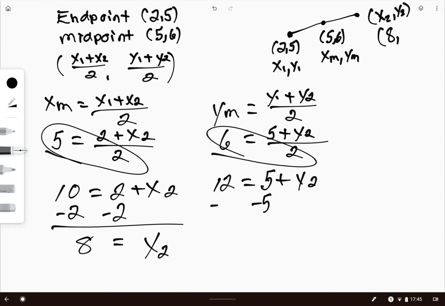Subtract 5 from both sides. So now I know that my y2 is going to be 7. So my endpoint for this particular line segment that I didn't know is 8, 7.